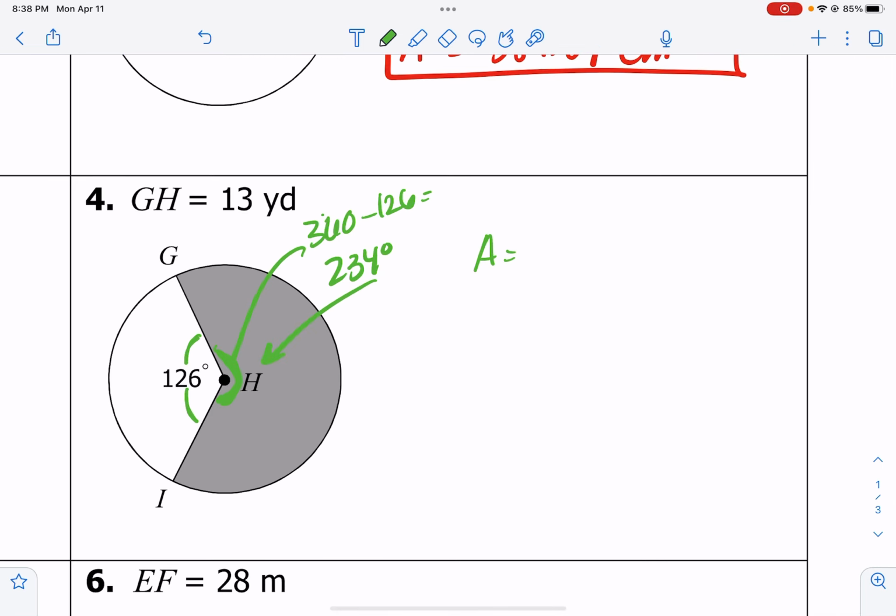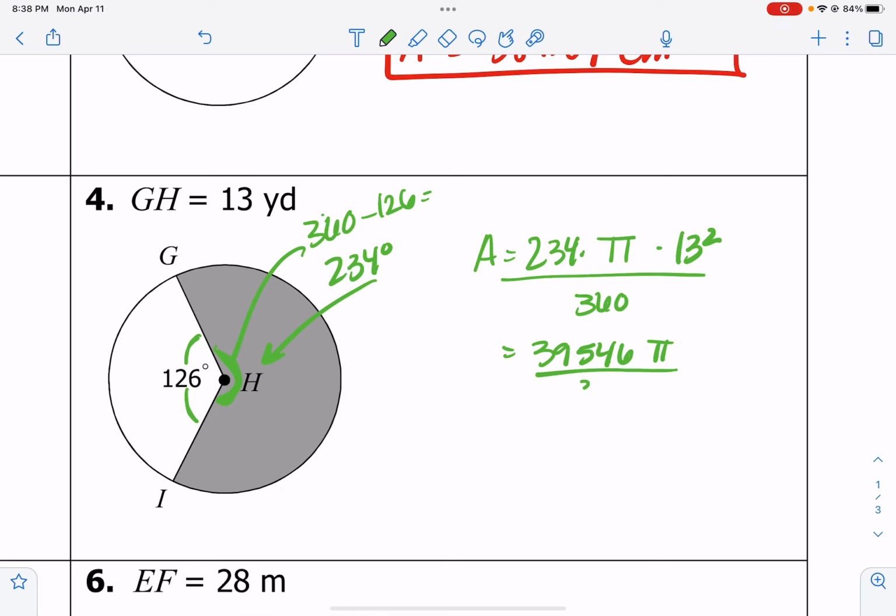So area equals 234 times pi times 13 squared, divided by 360. That's 39,546 pi divided by 360.